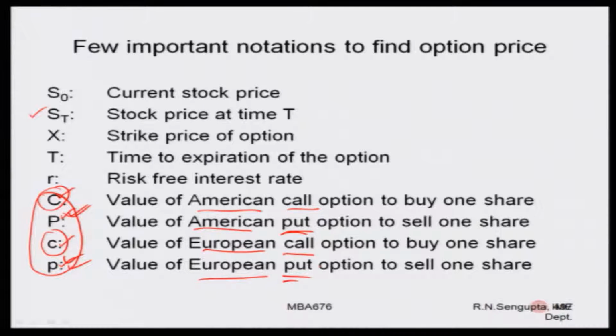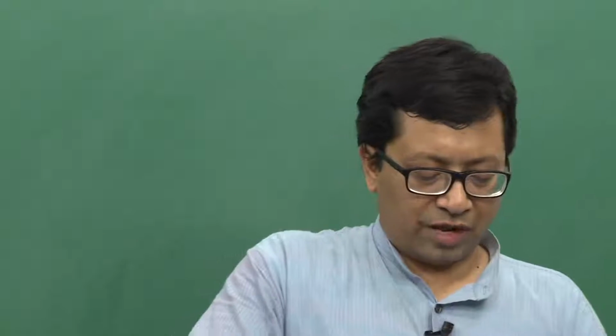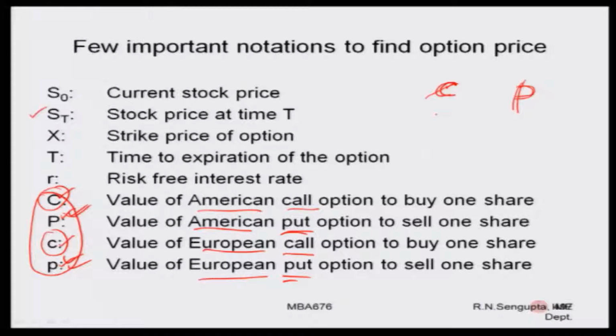But obviously, you can use the same symbol later on also, like C would always be the call, P would always be the put, and you can have this call price and the put price depending on the buyer and the seller. You can use different types of subscripts depending on how you want to notate those symbols in the problem. But we will still stick to the variables of capital C, capital P, small c and small p as just discussed in this slide.